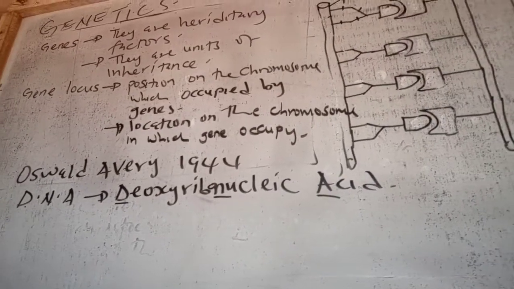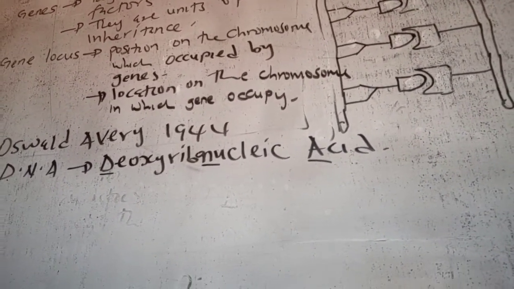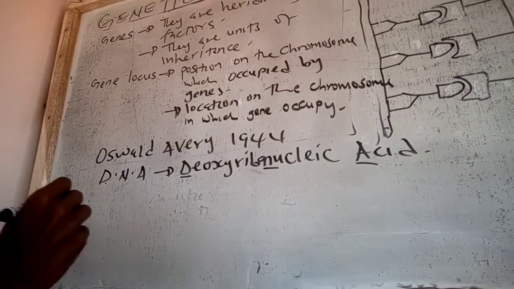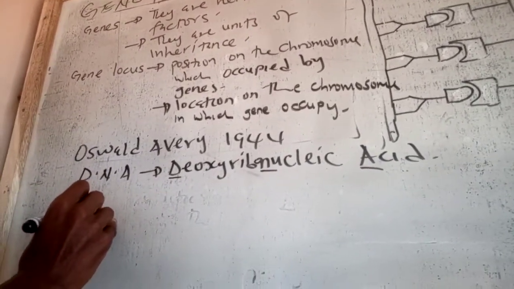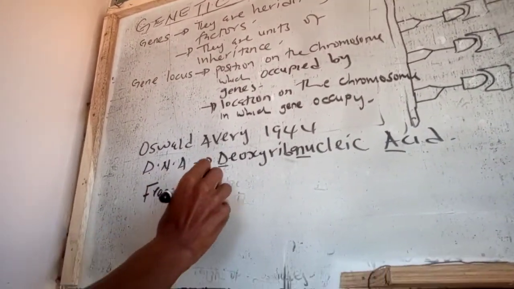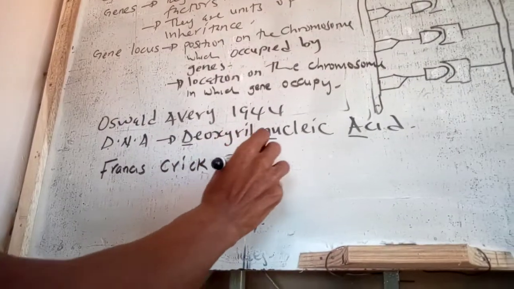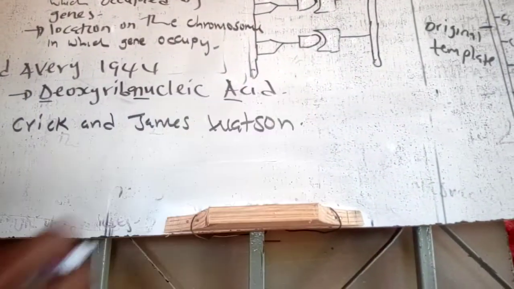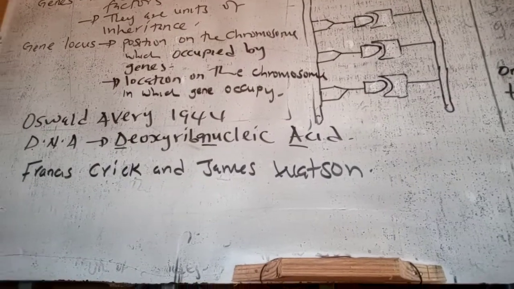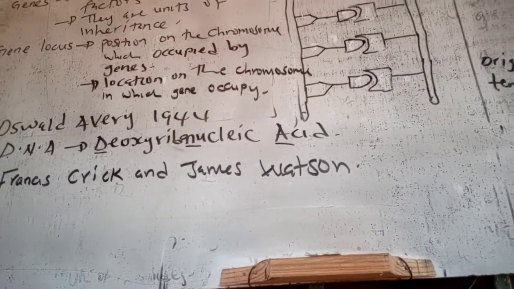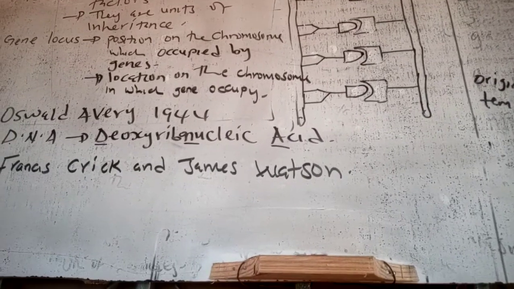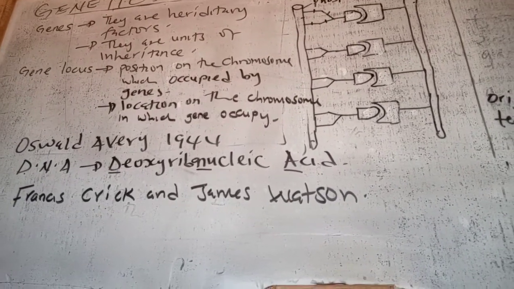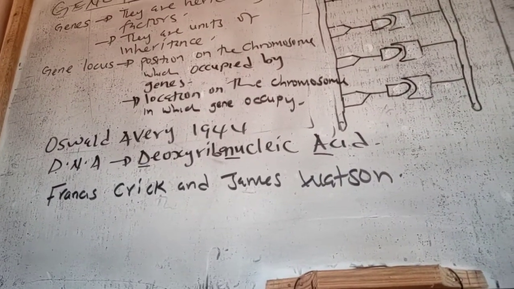And according to two other biologists, Francis Crick and James Watson, in 1953, they established that the DNA structure is made up of three components.